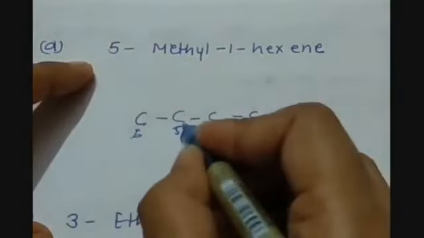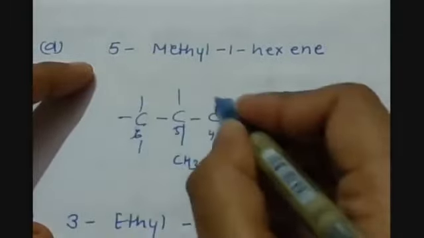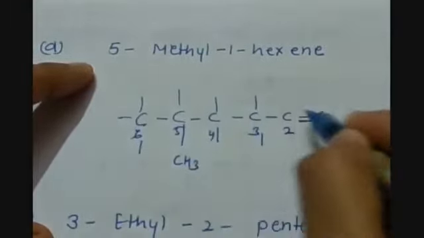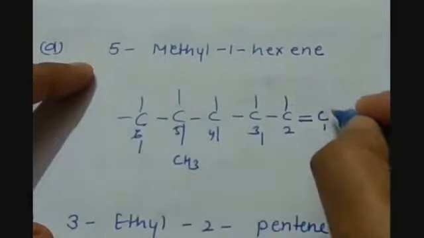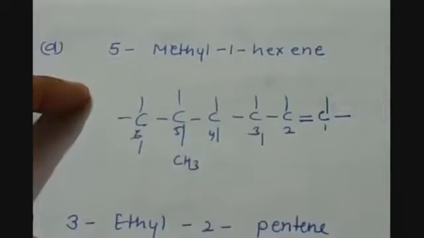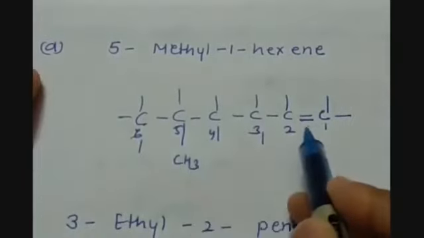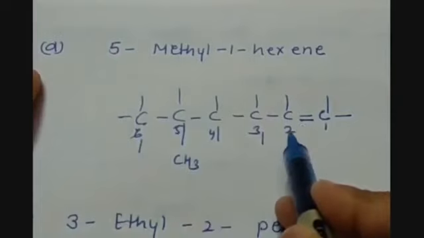So at 5th carbon we have a methyl group, and the rest of the valencies will be fulfilled by hydrogen. Here we will have 2 hydrogens. And the first carbon is attached to the second carbon with the double bond.